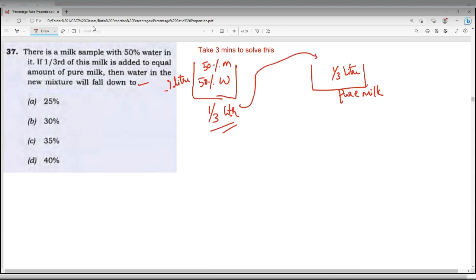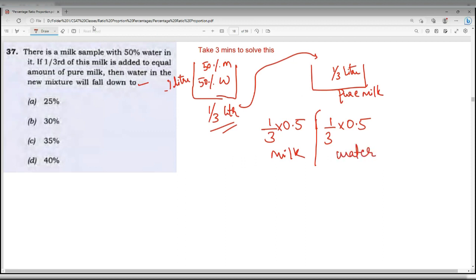So when we take 1/3 liter from this, since the concentration of milk is 50%, there is 50% water and 50% milk. So we have 1/3 into 0.5 would be milk, and 1/3 into 0.5 would be water.